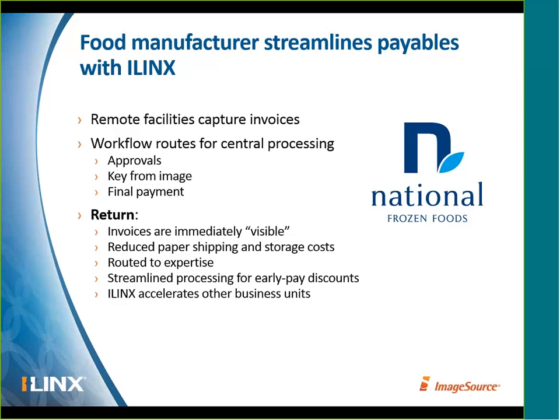Some is applied centrally. ILINX routes to engage just the right knowledge worker to apply that information. And these new efficiencies have allowed them to take many more early pay discounts than they have been able to take in the past. And as well, National Frozen Foods has also been able to leverage the ILINX technology to accelerate other departments within their organization.